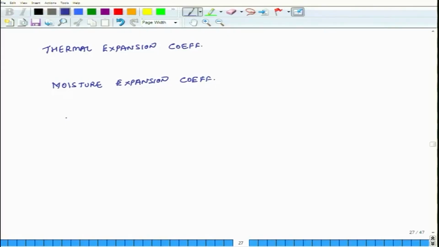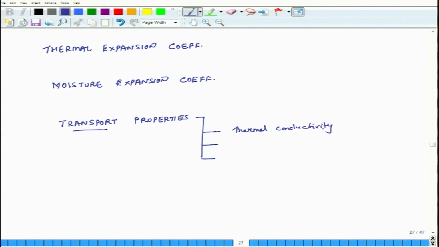Then we will have transport properties. So, this is a general term. In transport properties, what are there? Several properties. First is thermal conductivity. Okay.